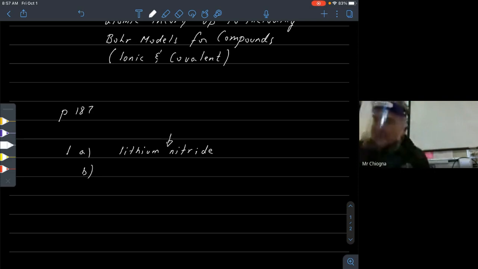Well, if there's a metal anywhere in there, it comes first. And Ga, I think, is gallium. Yeah. Gallium iodide. I, silver nitride. J, magnesium selenide. K, calcium phosphide.